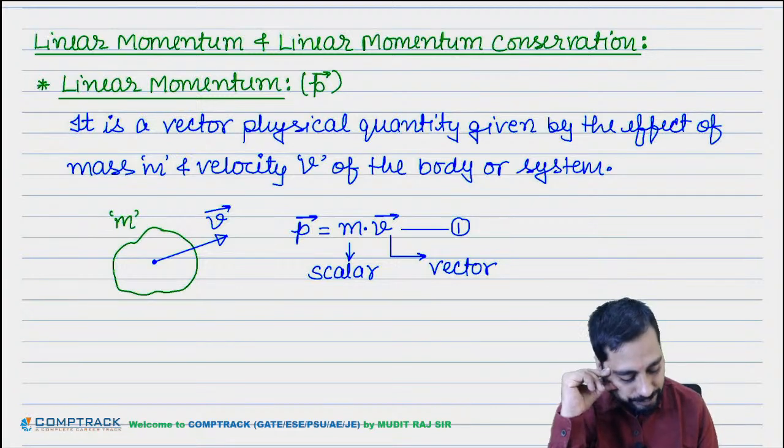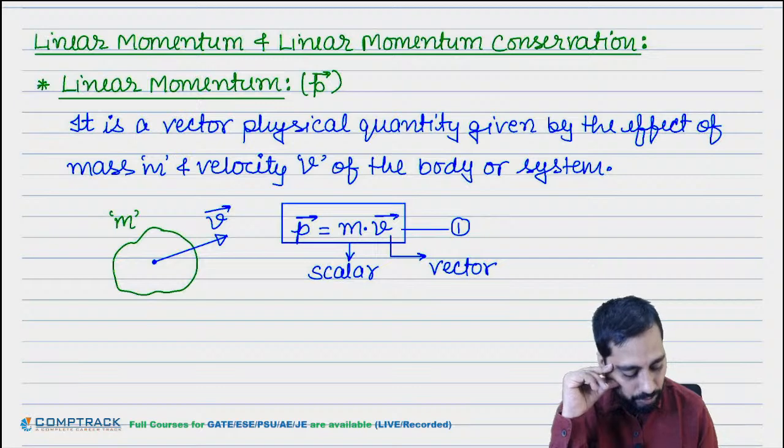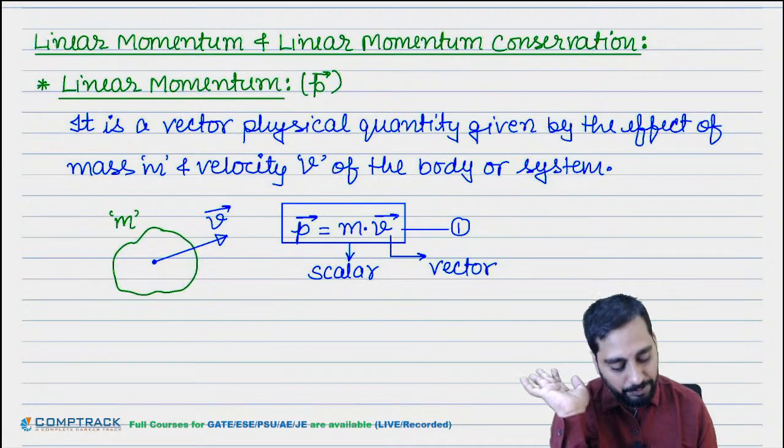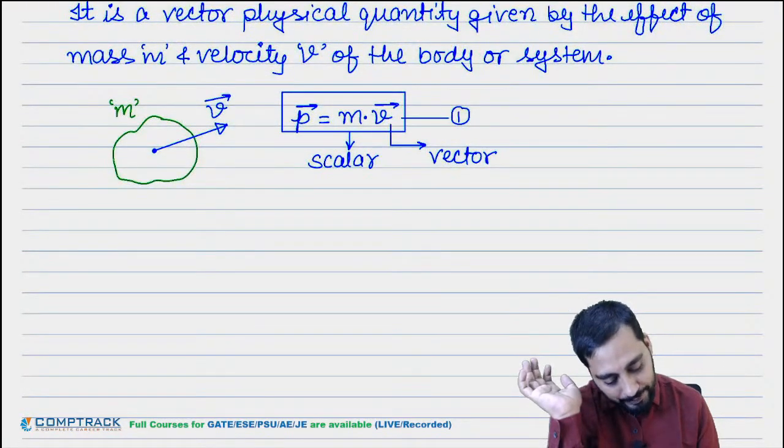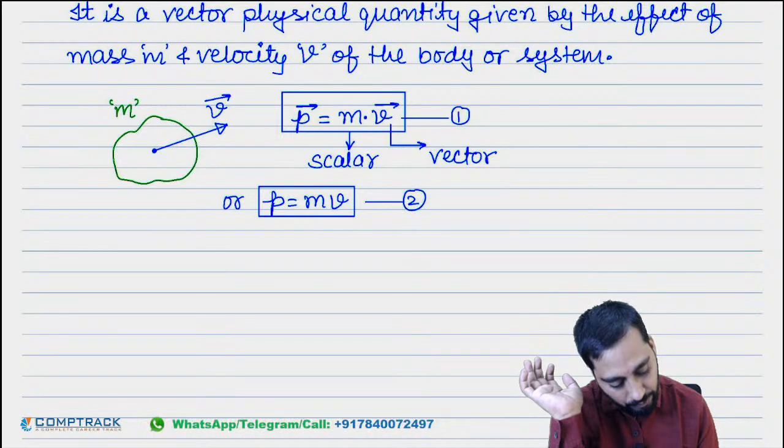So in magnitude form, we can directly write that P will be equal to m into v.